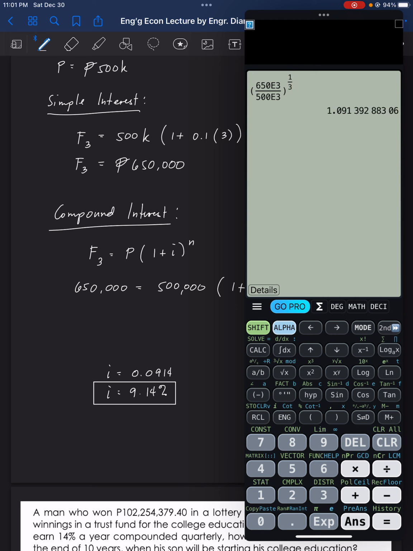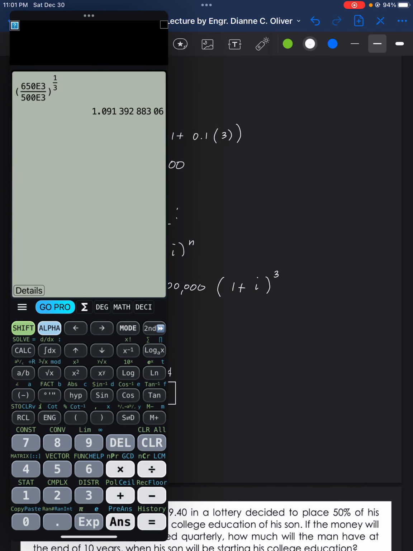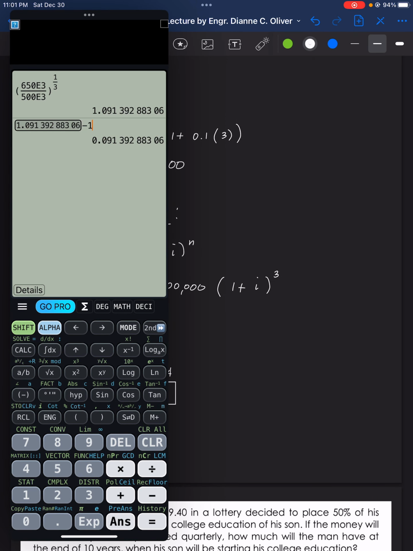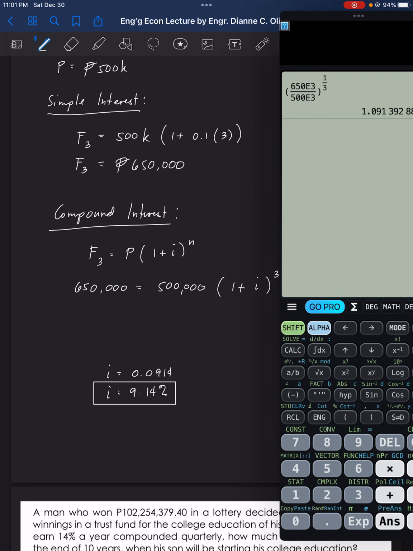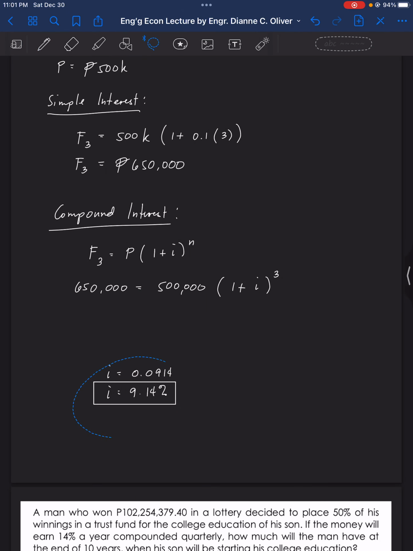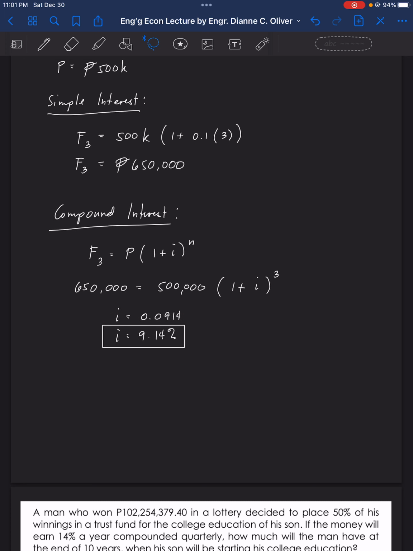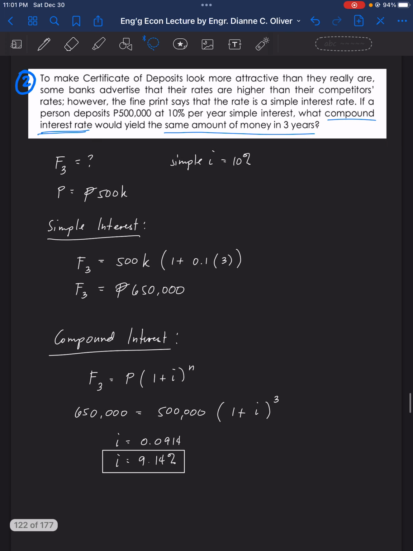So that will be 1.091392, and then minus 1. So you now have your 9.14%. So that's for the long method. So that's problem number 2.